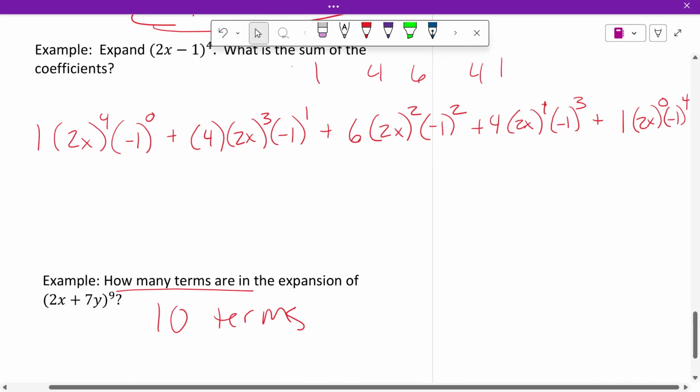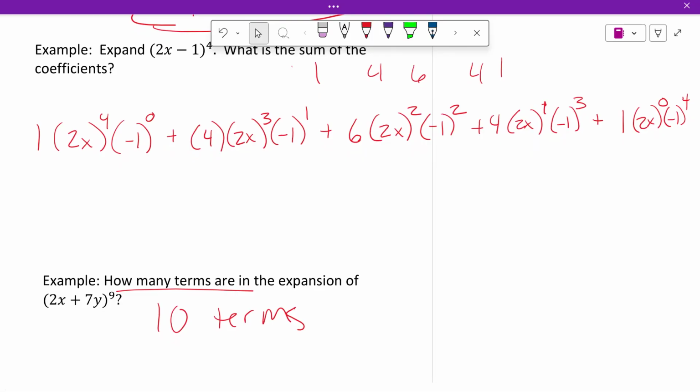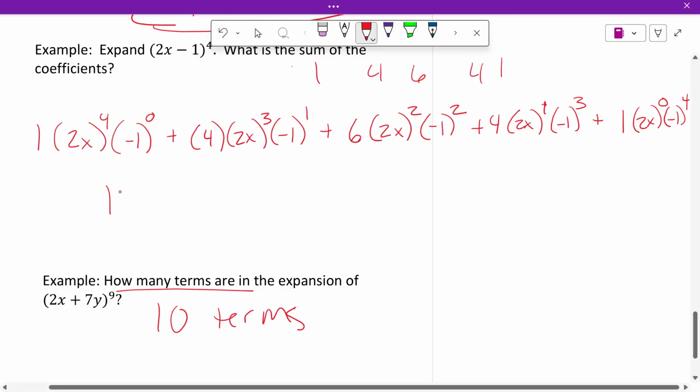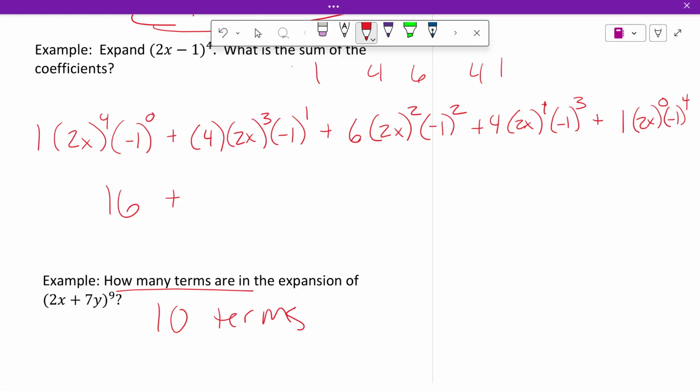All right. It says, what is the sum of the coefficients? Do I have to worry about the x's? No, it's not a coefficient. Negative 1 to the 0 is 1, so I don't have to worry about that. 2 to the 4th. 2 times 2 is 4 times 2 is 8 times 2 is 16 plus 2 to the 3rd is 8 times 4, which is 32.